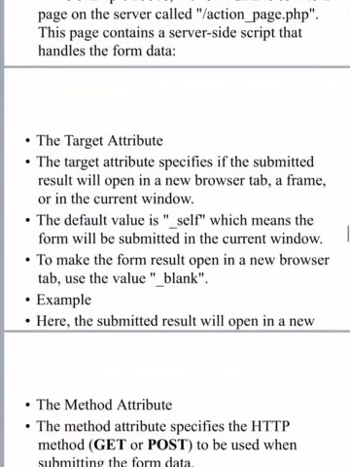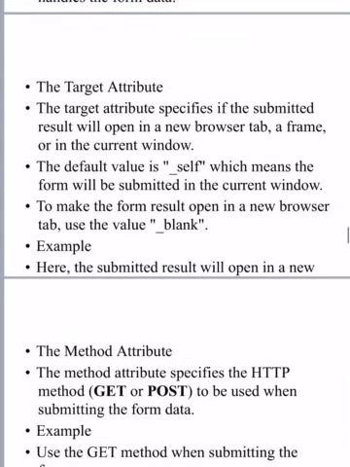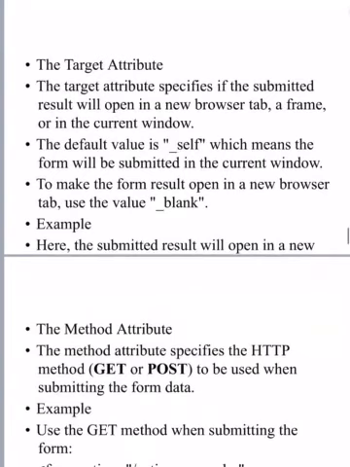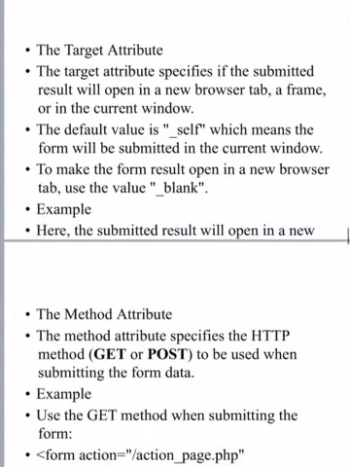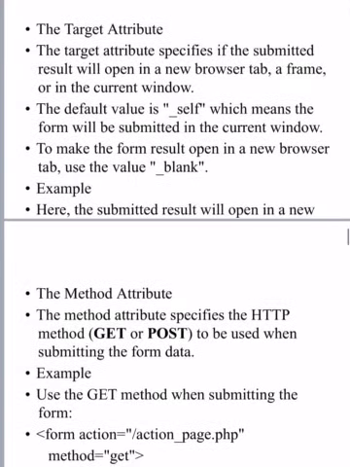And we have another attribute called the target attribute. The target attribute specifies whether the submitted result will open in a new browser tab, a frame, or in the current window. The default value is _self, which means the form will be submitted in the current window. To make the form result open in a new browser tab, we use the value _blank.